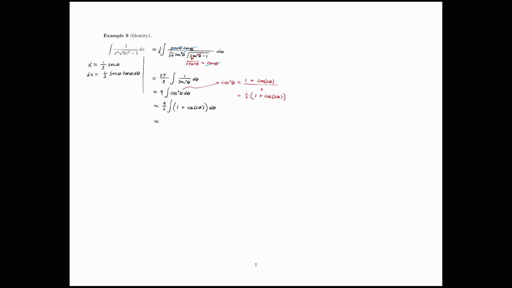So integrating this, we'll have a theta plus 1/2 sine theta plus c. So multiplying that out, 9 halves theta plus 9/4 sine theta. Oops, sorry, not sine theta, sine 2 theta.